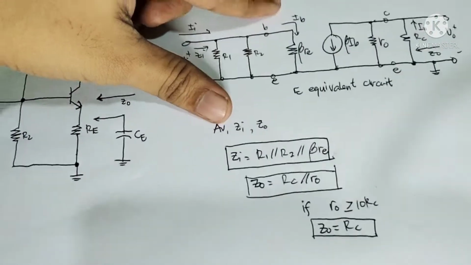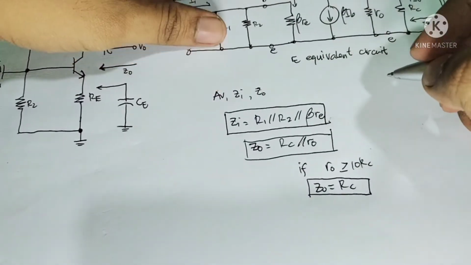So we can assume that the output impedance is just equal to the collector resistance.